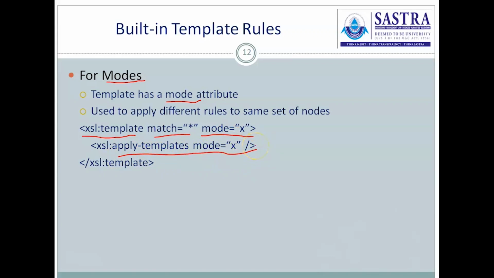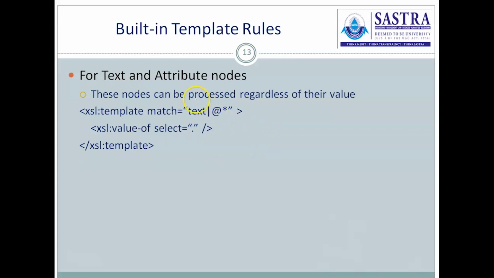What template we need to apply to which document or element of the XML document has been defined here. And then for text and attribute nodes, we need to define text open bracket and close bracket. It is a function. By using that function, we are able to extract the textual information available in the XML document.